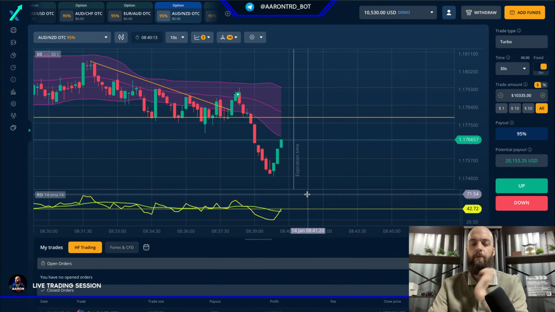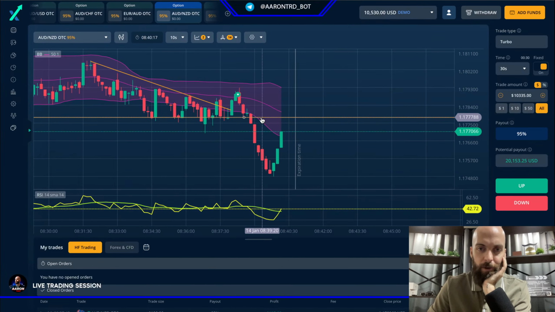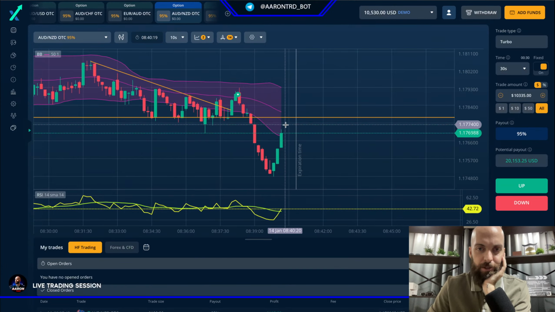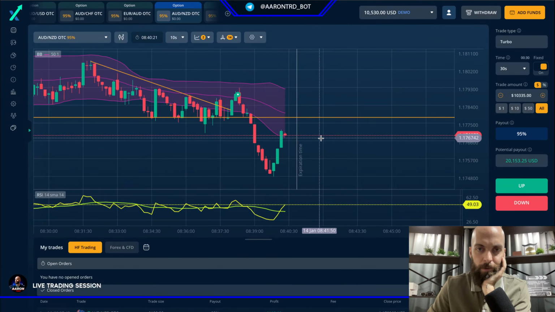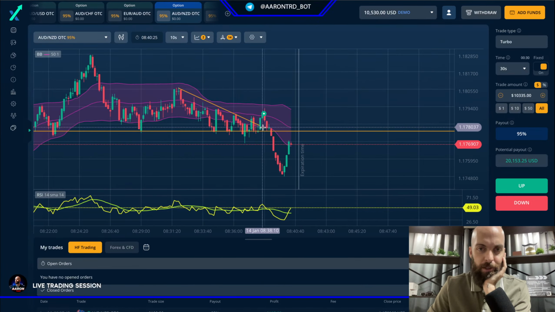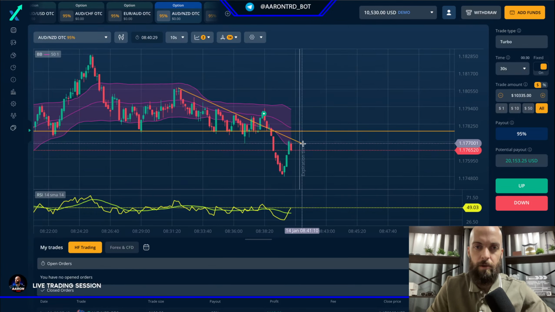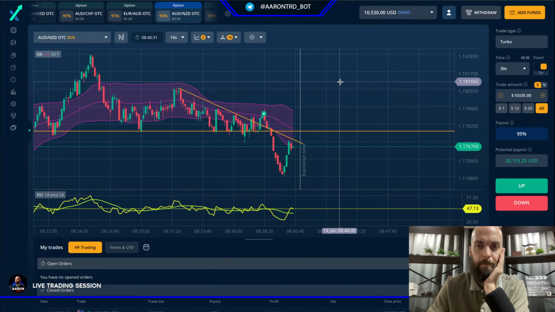So here we broke really low. And we've got a lot of fair value gaps to refill, which price is doing right now. But this is most likely going to be a downtrend, so we can look for another put. Let's just do it like that.